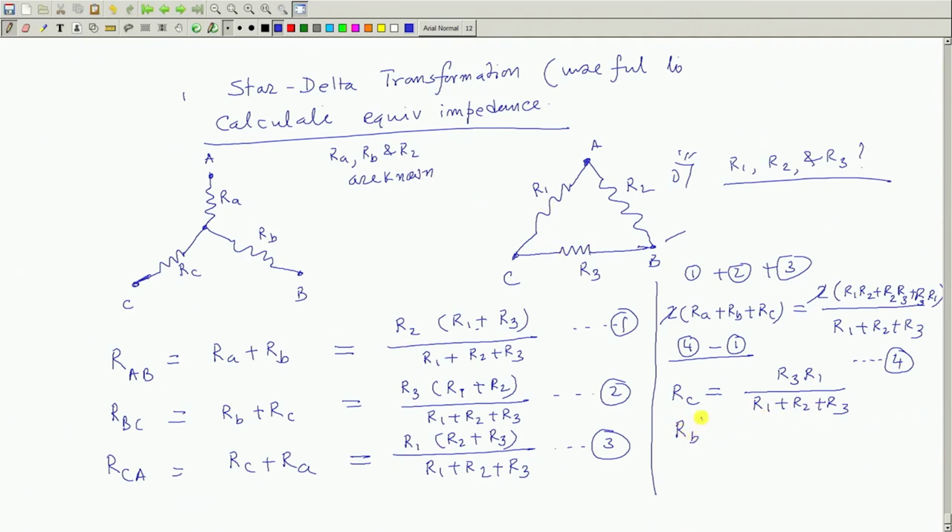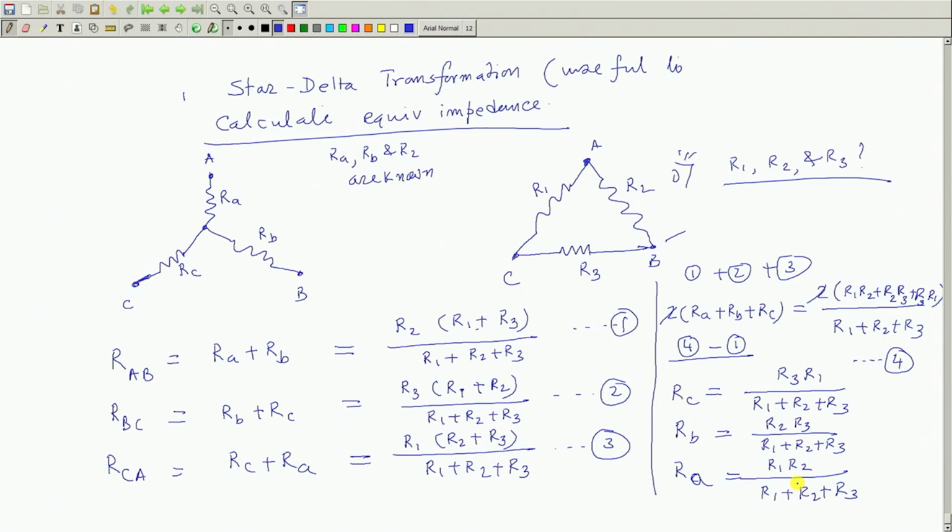Similarly, by subtracting 4 minus 2 etcetera, what you will get is RB is equal to R2R3 by R1 plus R2 plus R3, and RA will be equal to R1R2 divided by R1 plus R2 plus R3. It is easy to remember.